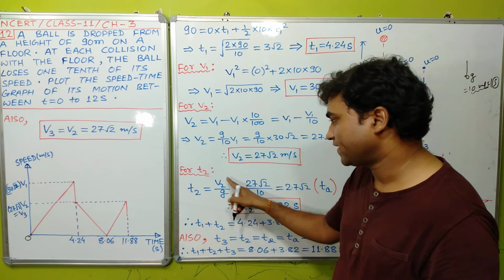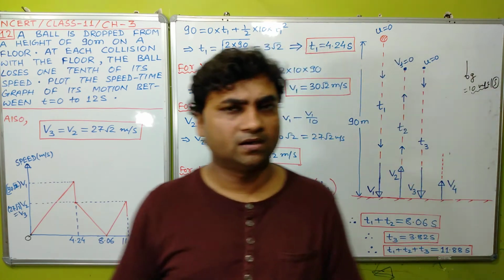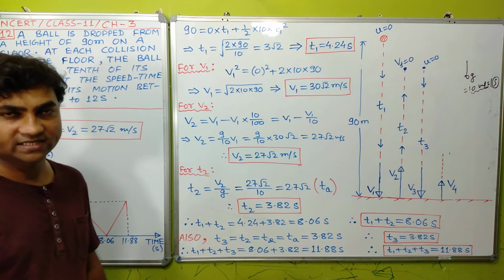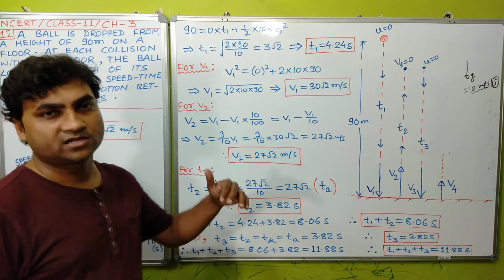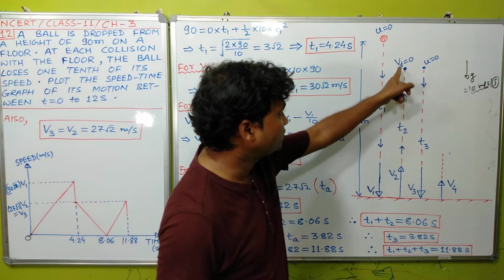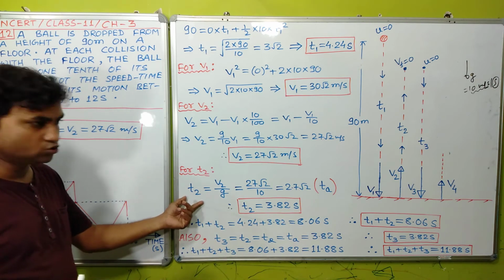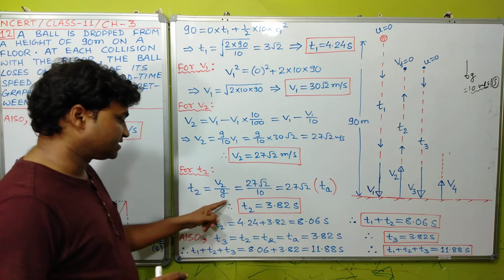You can also find this relation by the standard equation v equals u minus gt, where final speed v is 0, initial speed is v2, so 0 equals v2 minus g into t2, and from there again you will get this formula.